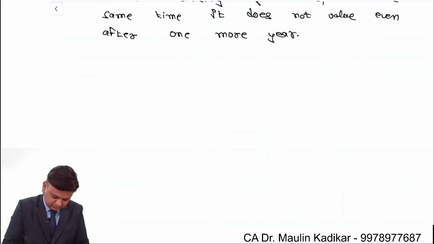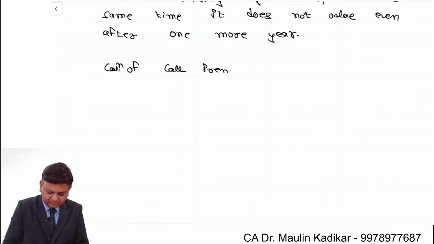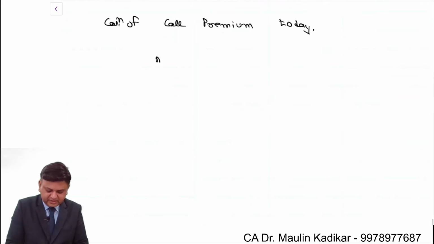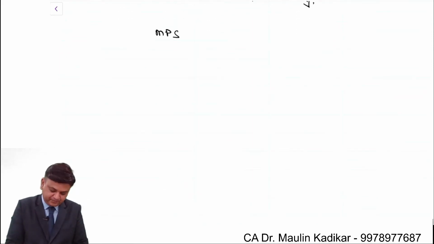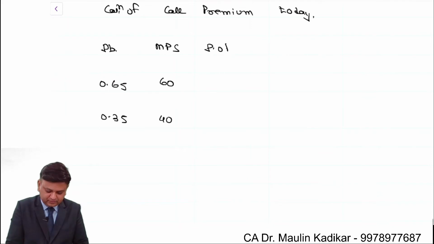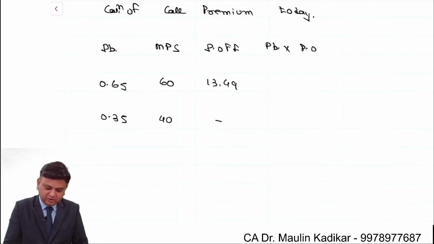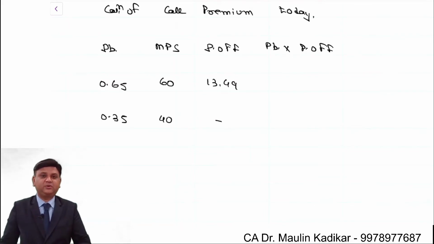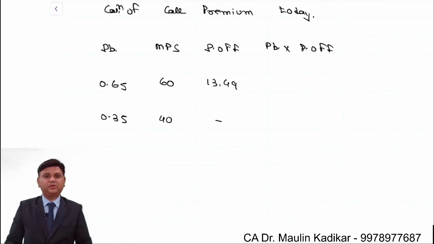Next, calculation of call premium today. Market price of the share after 1 year will be either 60 or 40. Probability is 65% and 35%. Payoff, in the first case it is 13.49, in the next case it is 0. Probability into payoff, so this expected amount will be discounted in present value term to compute the premium.